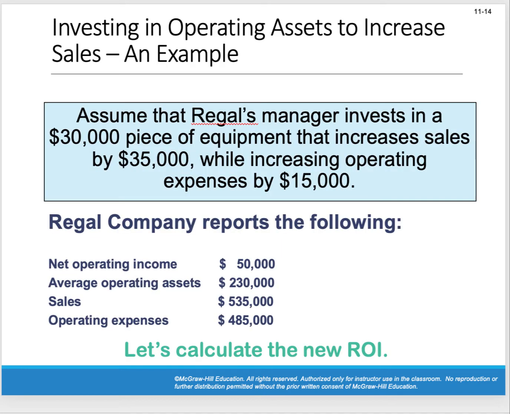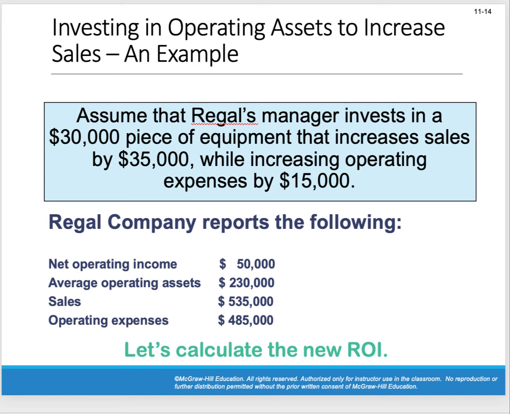So let's assume for a minute that we're going to change some things now, right? What happens if our costs increase, meaning we purchase more operating assets? Maybe our operating expenses change. How does that impact our ROI?